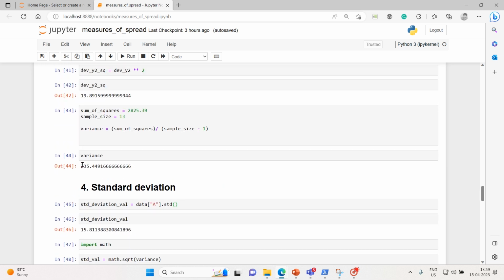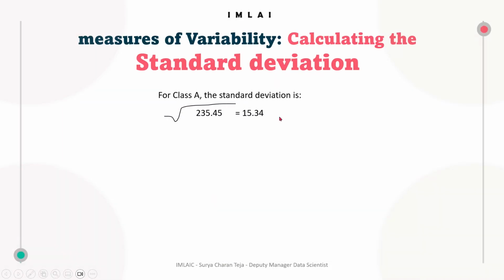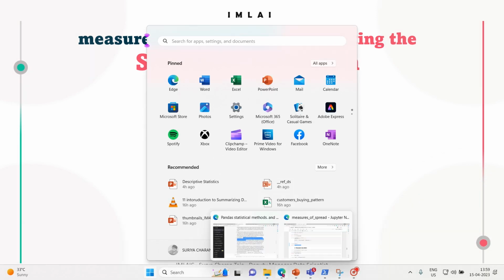Yeah, here it is: sum of the squares and sample size, and the variance is 235.45. Now to calculate the standard deviation for the same class, you simply have to take the square root of that. Let me do that.